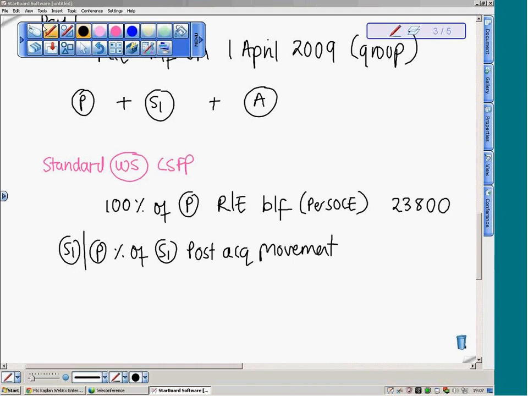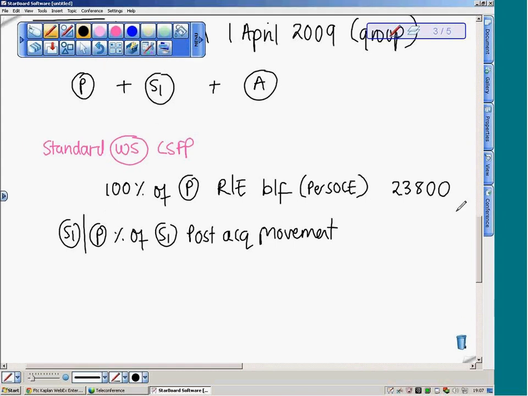Okay, so all we're realising is that at the start of the year, the retained earnings number for the group perspective would be the same as last year's closing number. Okay, so in last year's closing, you're going to have the post-acquisition movement relating to Faraz up until the brought forward date. So that in essence is going to be percent multiplied by, and we need to work out the post-acquisition movement.